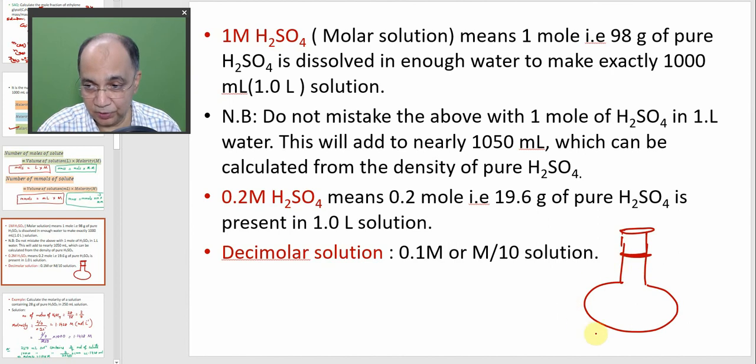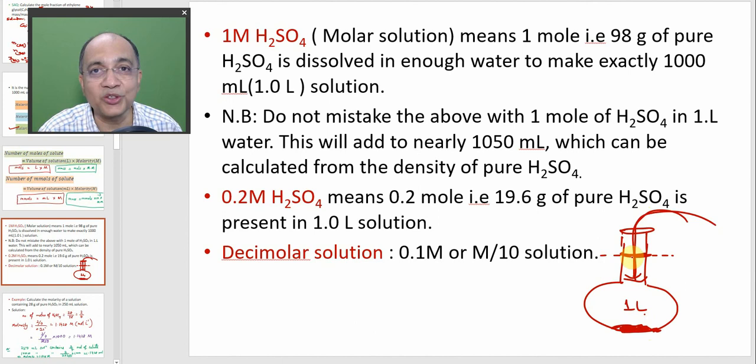That means if you fill the entire capacity of this up to this, then it will be, say, 1 liter. Then what you do, you take exactly 98 gram of pure sulfuric acid first, and then slowly add water, shake it, add water, shake it, until the total volume of the solution is exactly 1 liter. Not that you add 1 liter water.